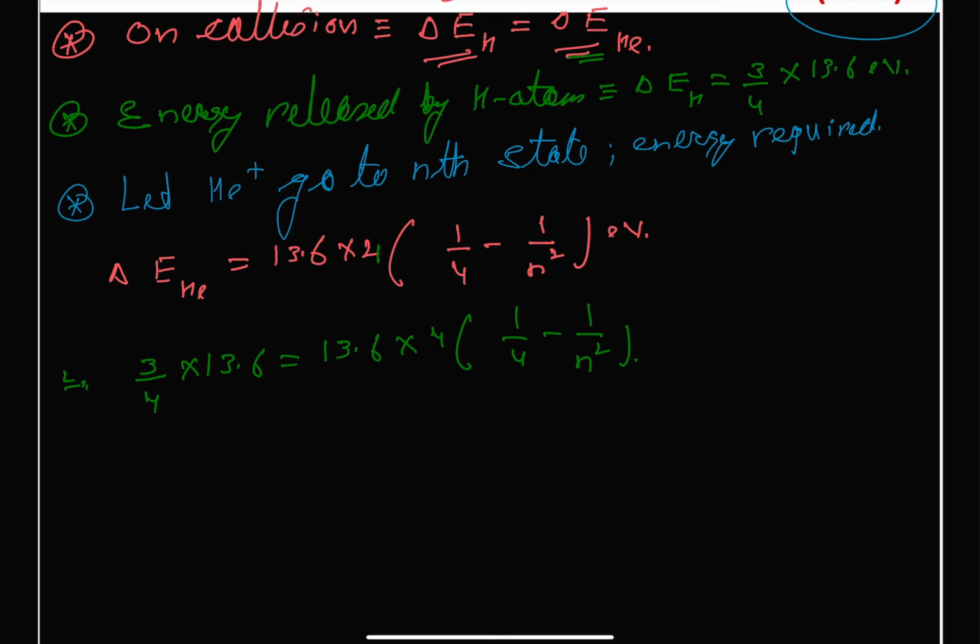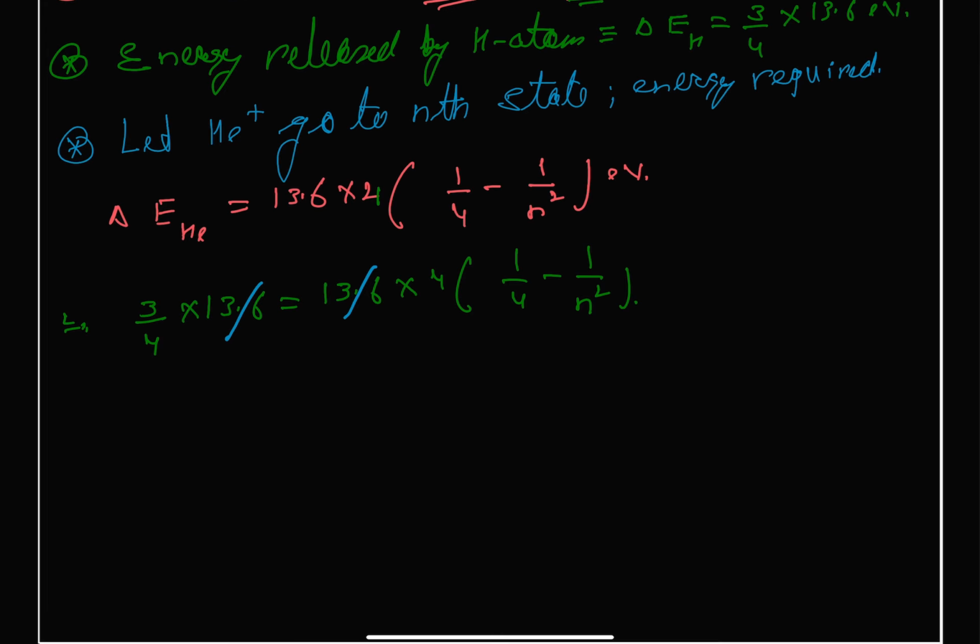Here 13.6 by 4 cancels out, and this gives us 3 by 16 is equal to 1 by 4 minus 1 upon n square.